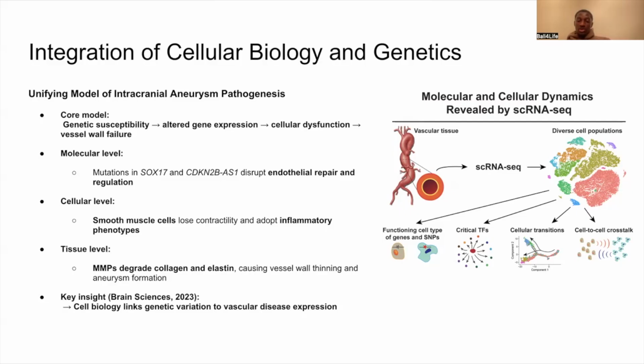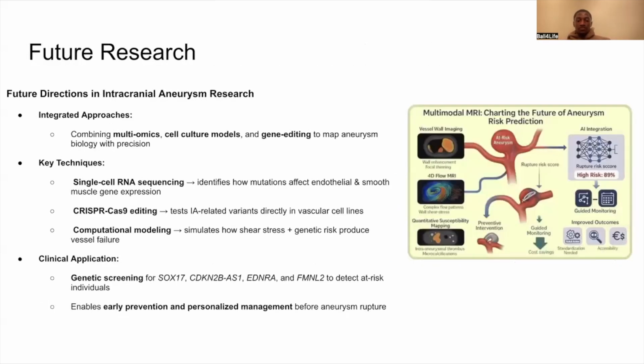An article published in 2023 from the Brain Sciences Journal Review emphasized that these interconnected layers demonstrate how cell biology is the medium through which genetic information manifests as vascular disease. Currently, this field of study is moving toward integrating multiomics, cell culture models, and gene editing approaches to map aneurysm biology with precision.